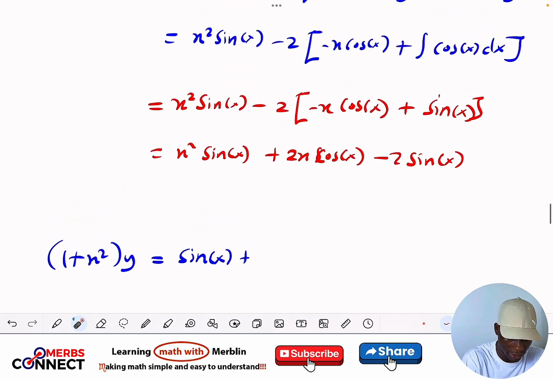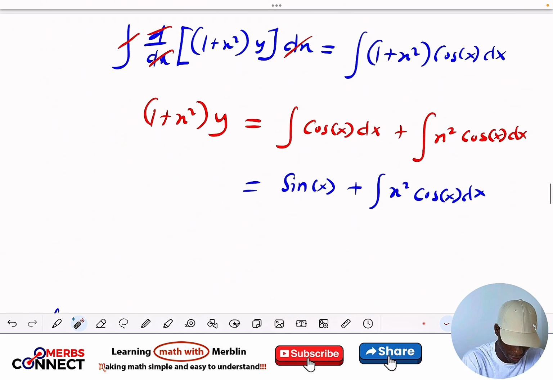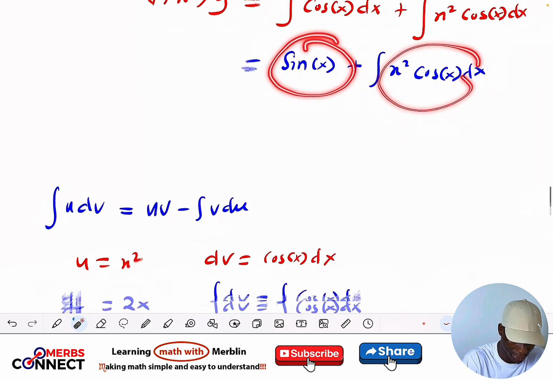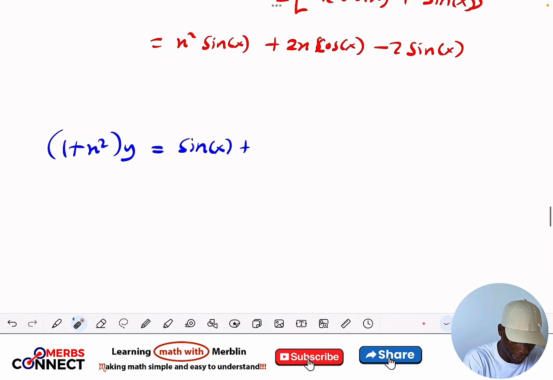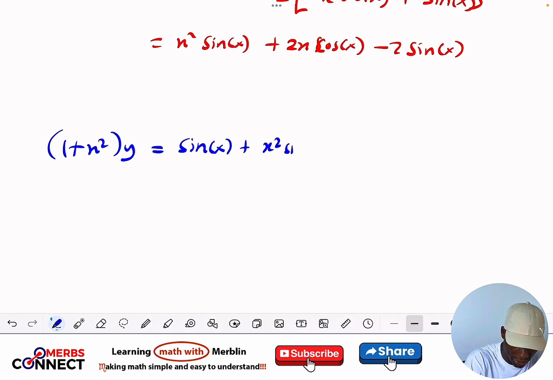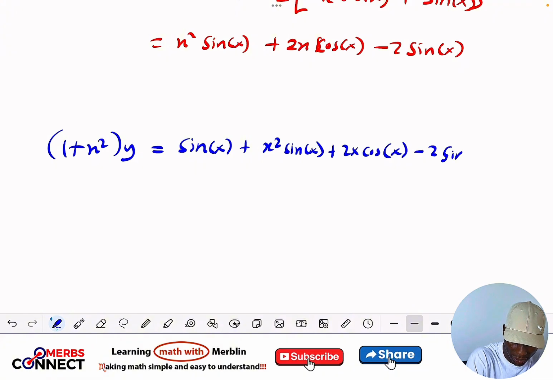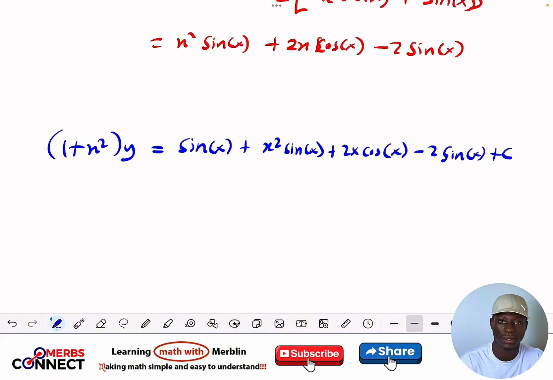Let me go and check if I wrote the right thing. Okay, so I have this one here plus the whole of this. So we are going to have x squared sine x plus 2x cos x minus 2 sine x plus a constant c, right? So now we are almost there.